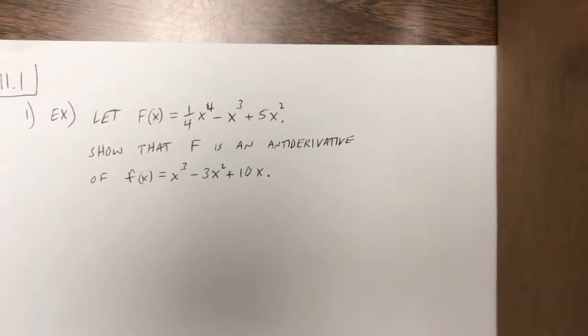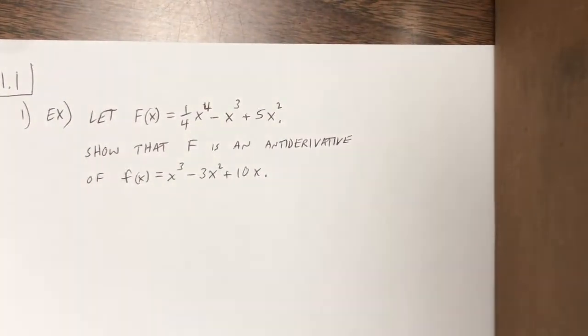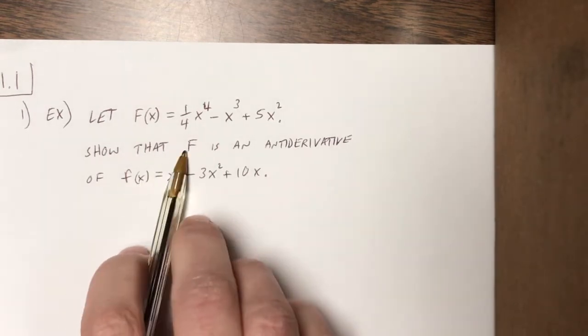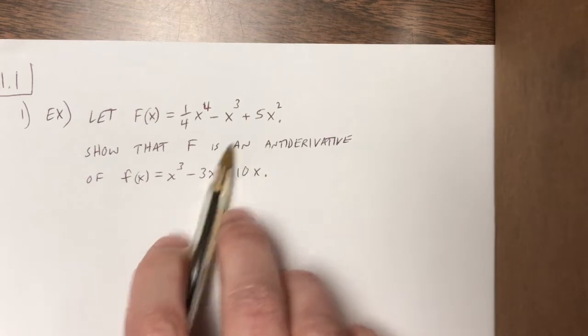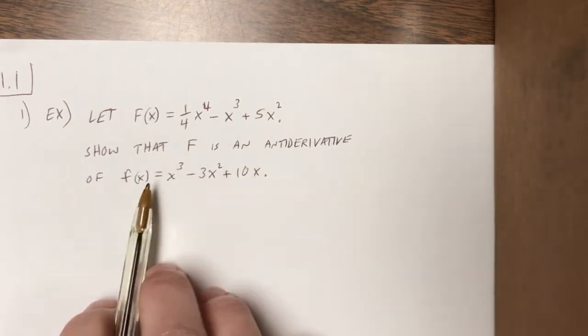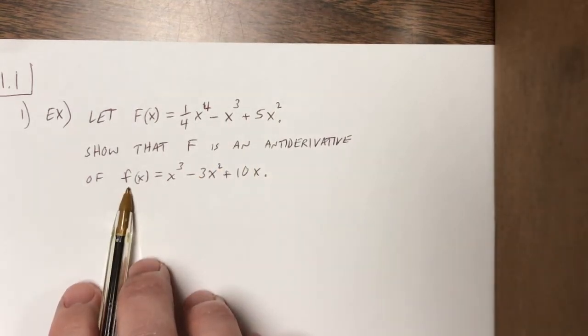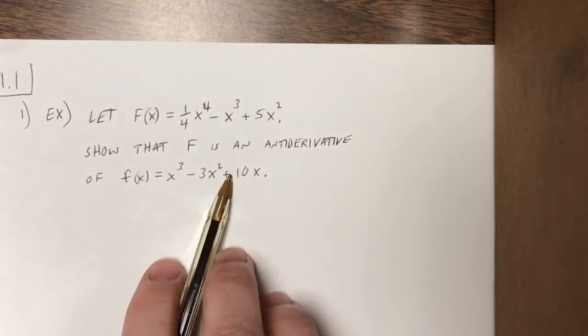Okay, so what we're trying to do in this example is show that this capital letter F function above is in fact an antiderivative of this lowercase function f as shown here.